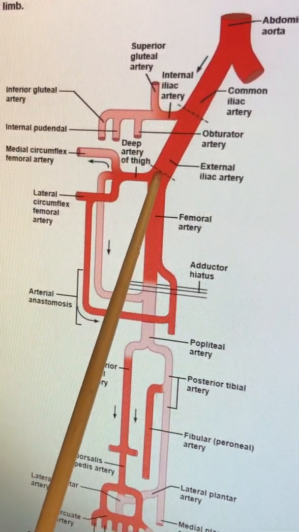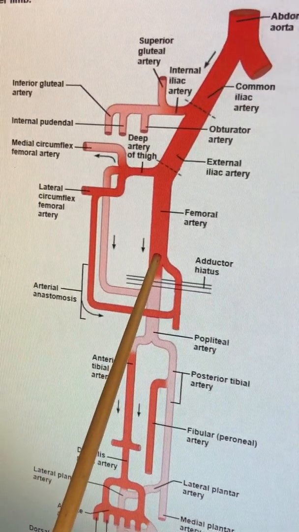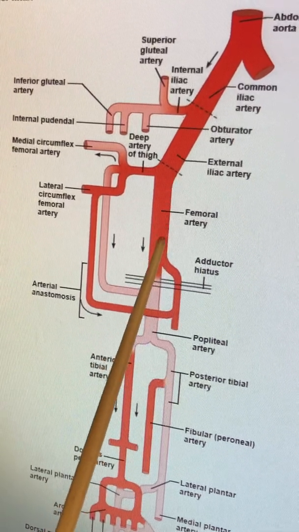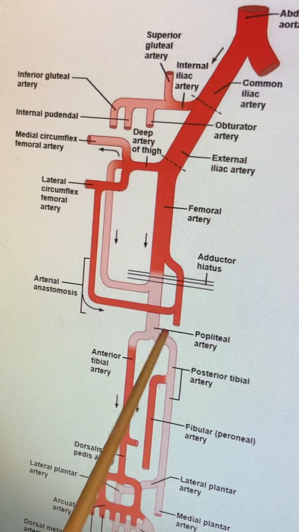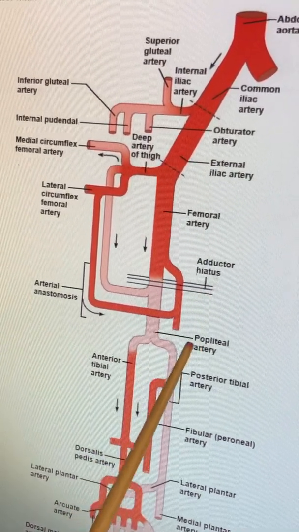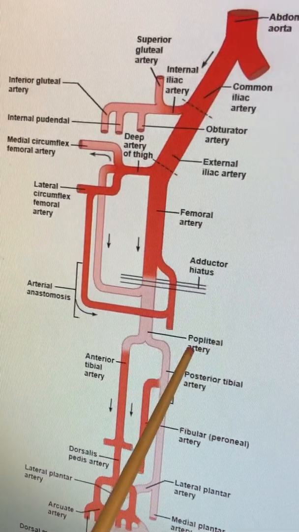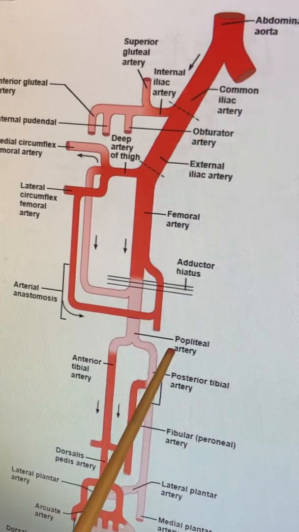Once you get out of the pelvis, you are now going to be called the femoral artery. They showed it here as a light red, and it's not in the front, it's going to be behind the kneecap and the popliteal region, which is the bend of your knee, and so it's called the popliteal artery.